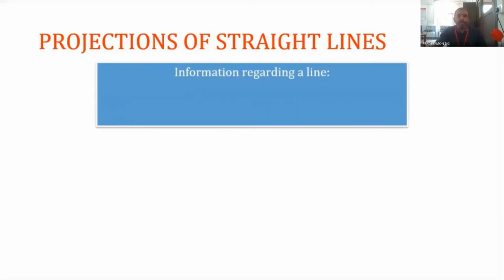Regarding a specific line: for a point, what we required was only the distance from HP as well as the distance from VP in order to draw the front view, top view as well as side view. In order to draw a straight line, what we require is its length, then the position of its ends with HP and VP.